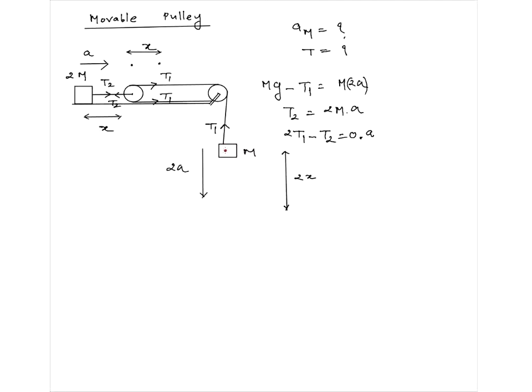That means capital M travels 2x distance. So when this fellow moves by x, this fellow moves by 2x.